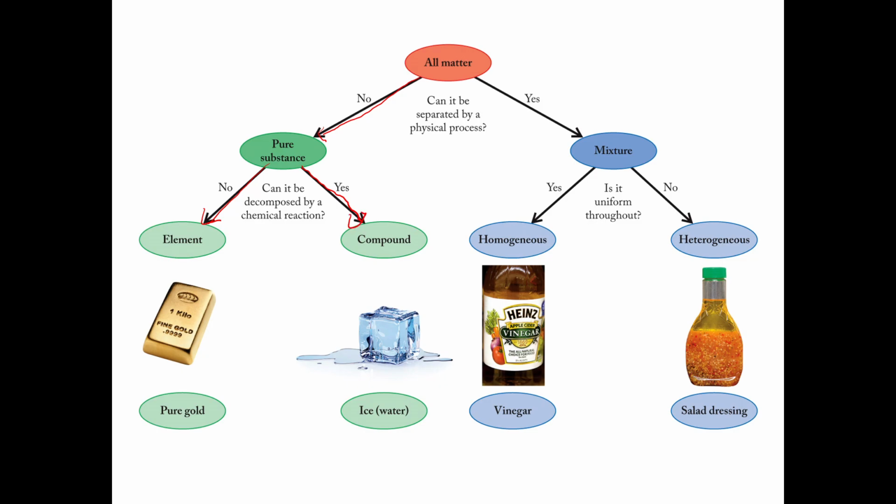If we have something that can be separated by a physical process, we have a mixture. If a mixture looks uniform throughout, then that's a homogeneous mixture. If it does not look uniform throughout, that's a heterogeneous mixture.